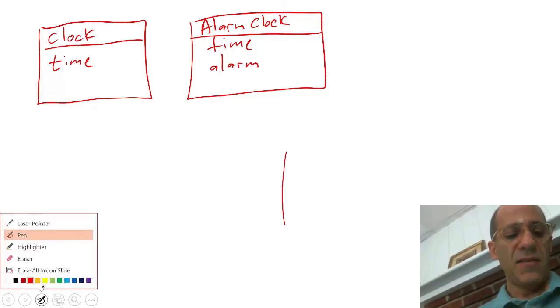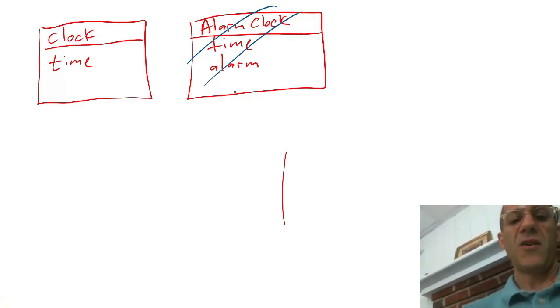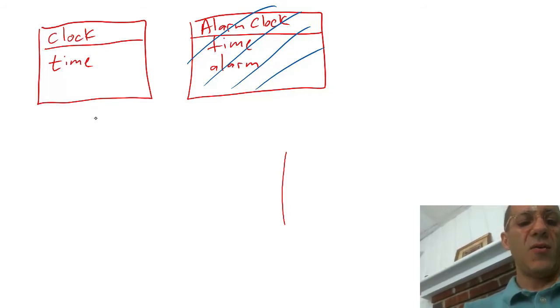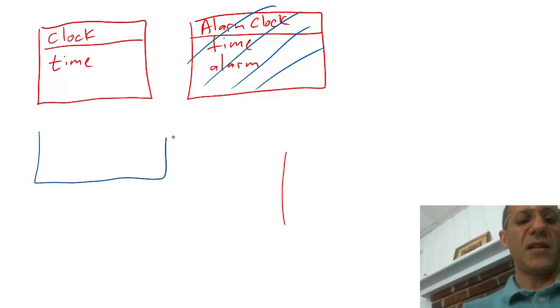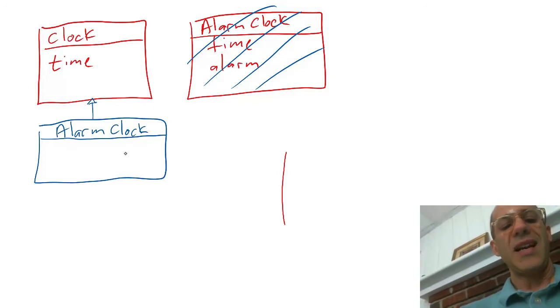So let's pick a different color. And instead of having alarm clock on the side there, what we're going to do is define alarm clock below it, and say that alarm clock inherits from clock.